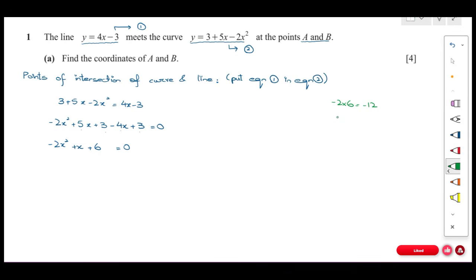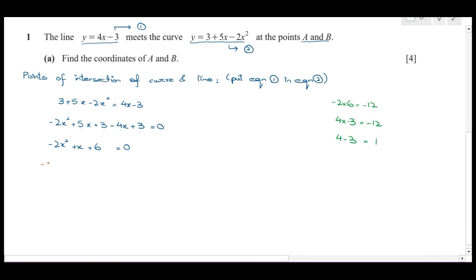So we can say 4 times minus 3 is minus 12, and when you do 4 minus 3, that is equal to positive 1, right? Now we can easily break the middle term. So minus 2x squared plus 4x minus 3x plus 6 equals 0.